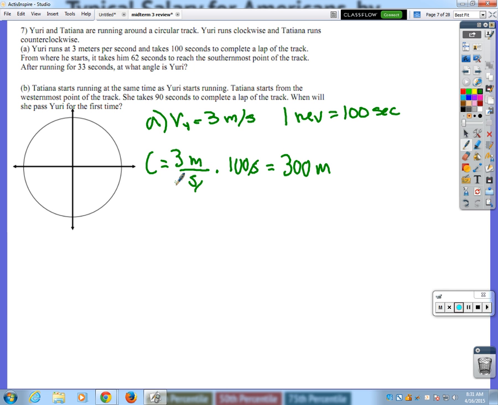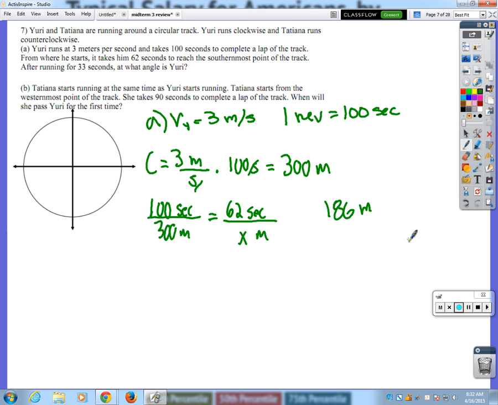Okay, so what do we do with that? Keep going. Proportion. We're doing proportion. So 100 seconds to go 300 meters, so we can use that to figure out 62 seconds to go X meters. 186 meters?